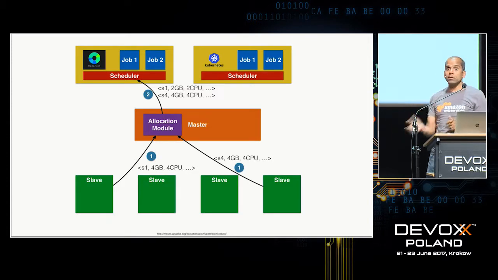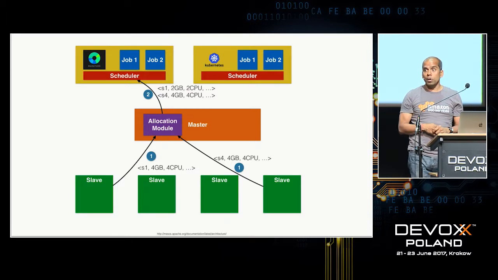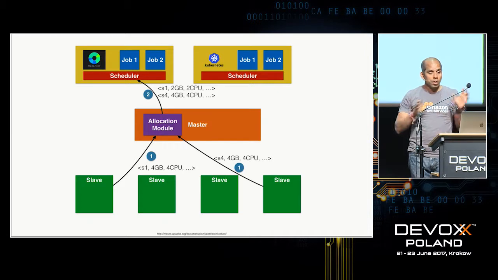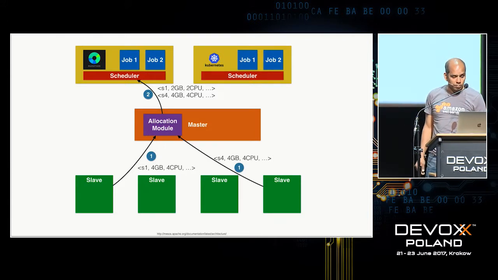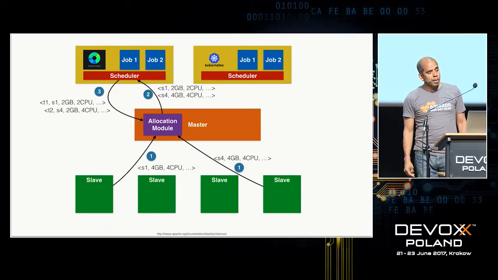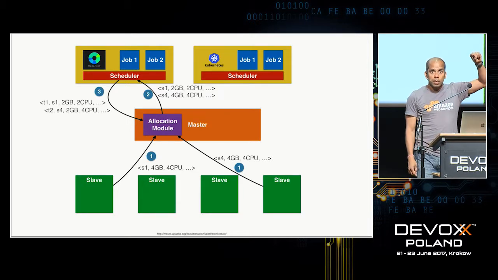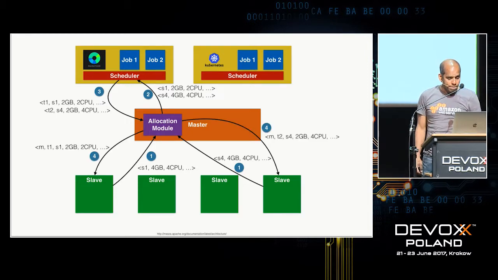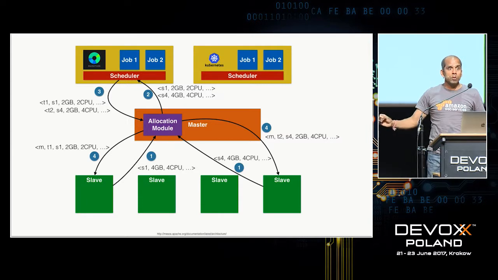It's not just a pass-through. The master may decide to offer only whatever is available or whatever it wants to offer. It could do time sharing between different frameworks. So for example, in this case, it's just passing 2 GB and 4 GB from 2 different offers essentially. Now, based upon what the scheduler from that particular framework accepts, it registers with the master, and then the tasks are actually placed onto the slave nodes by itself.